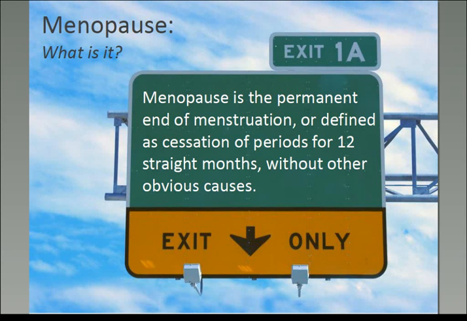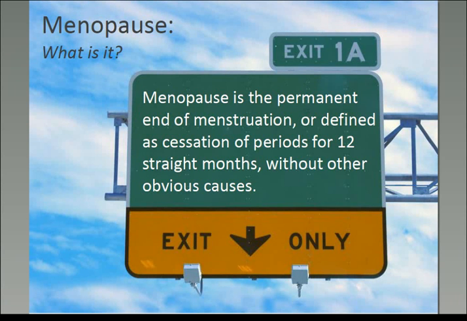And what I'm referring to as natural is as opposed to a surgically induced menopause, which is when somebody's had a hysterectomy and their ovaries removed. Now, that is very abrupt on the body and can cause many side effects.